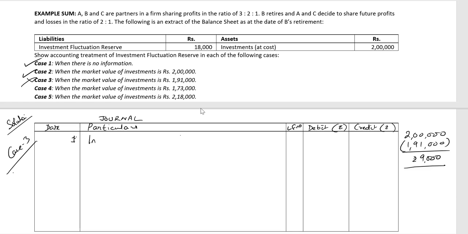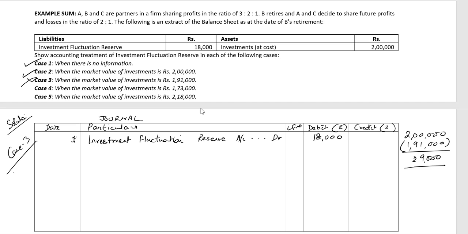Journal entry: investment fluctuation reserve account debit 18,000 rupees. Investment is an asset having a debit balance.